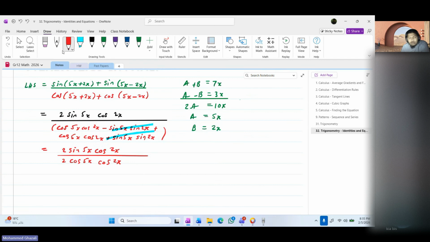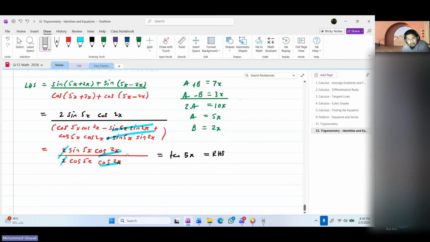The cos 2x and the cos 2x cancel out. And this was a nice challenging problem. Then the 2's cancel out, and you've got sine 5x over cos 5x, which is basically equal to tan 5x, which is the right-hand side.